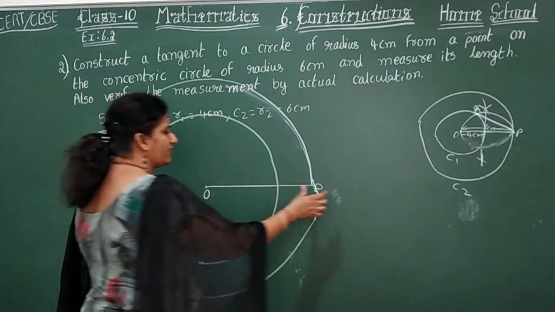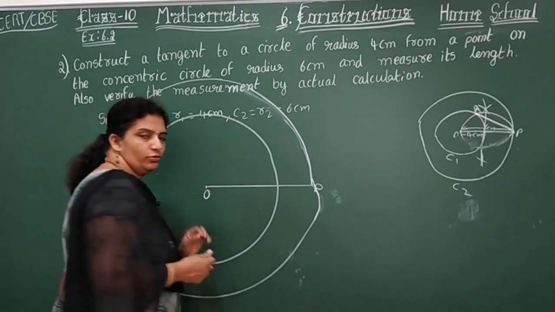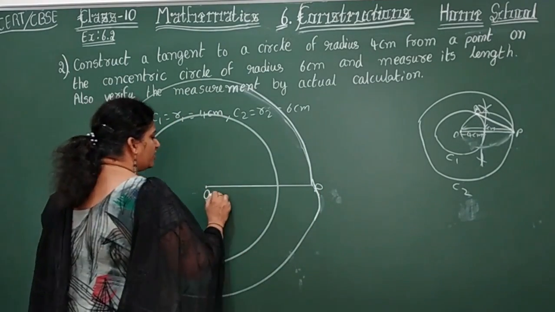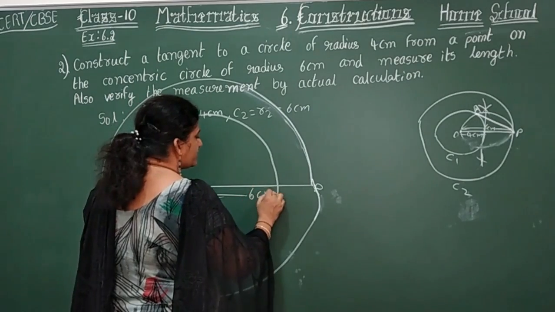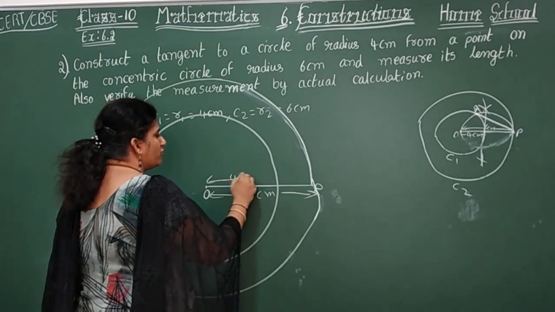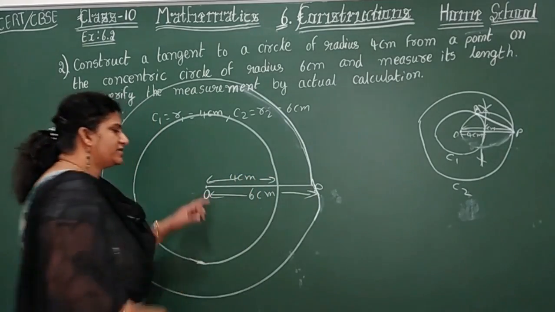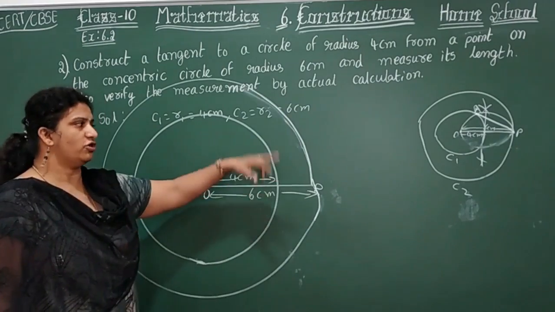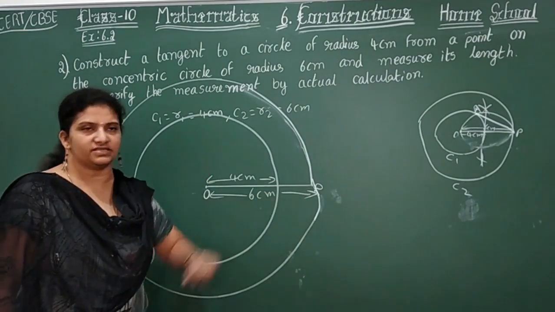Little measurements were adjusted here, but you don't try to do that in your notes. First, from here to here 6 centimeters, draw a line, and with 4 centimeters with this as a center, draw a circle, and with 6 centimeters draw another circle which touches this point.